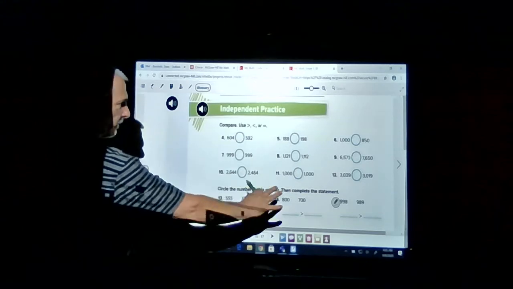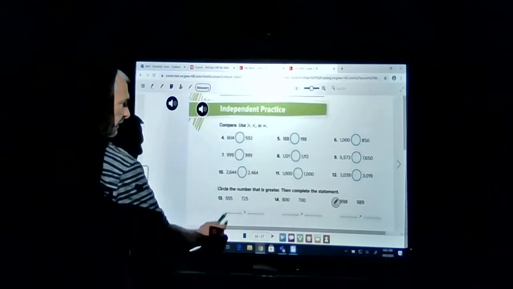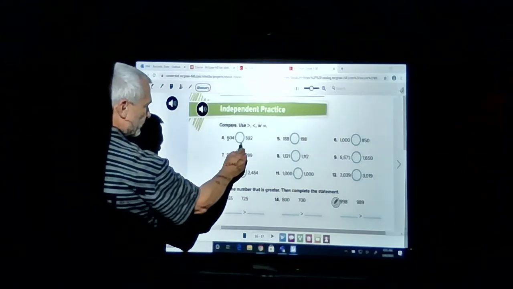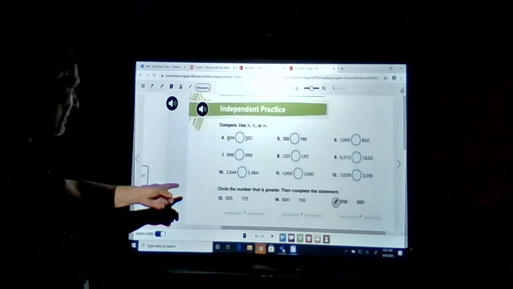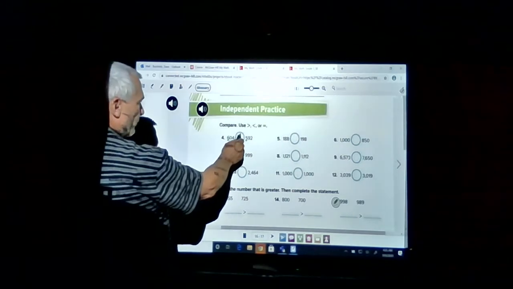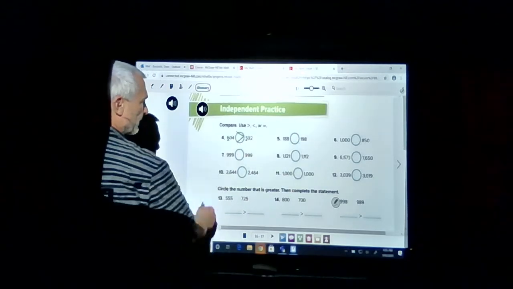As a matter of fact, all of these will have the same number of digits, except for this one. Let's take a look. The 6 and the 5 in the hundreds. Well, right there, we can stop. We know the 6 is bigger, and so it's going to point to the right, or eat the biggest number.